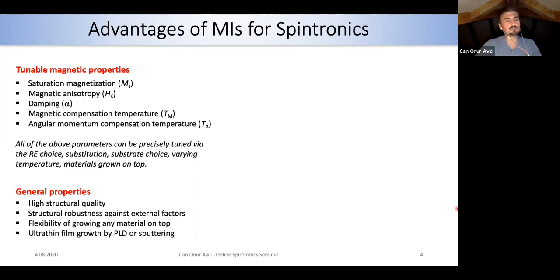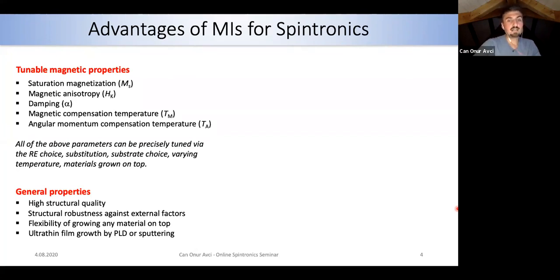On top of that, we have some general properties that are very appealing. All these materials have very high structural quality. They grow epitaxially in single crystal forms. They have structural robustness against external factors because, being oxides, they are naturally protected in the environment. They also give very high flexibility of growing any type of material on top, just to do some science without compromising their properties.